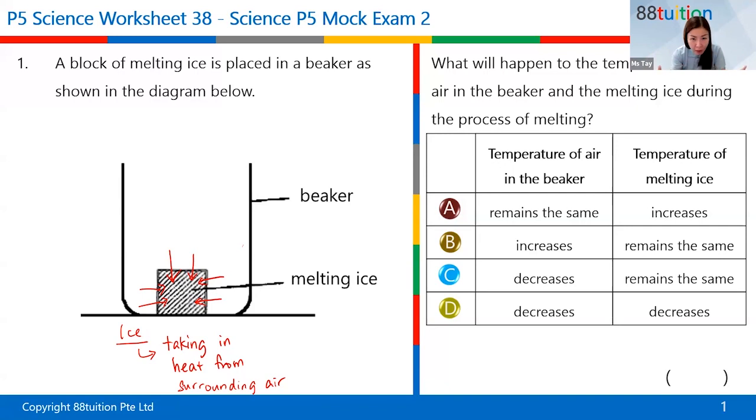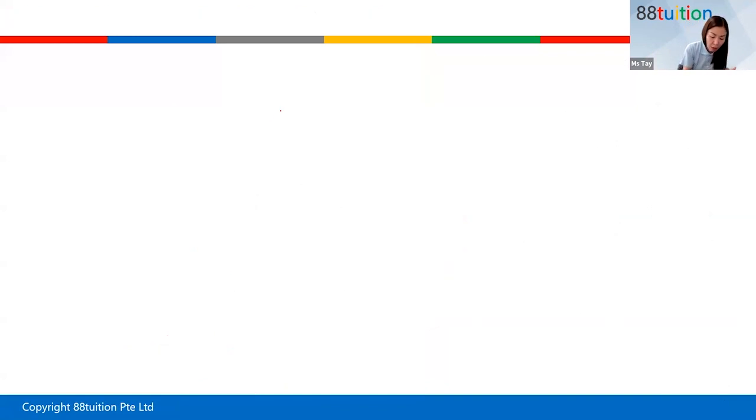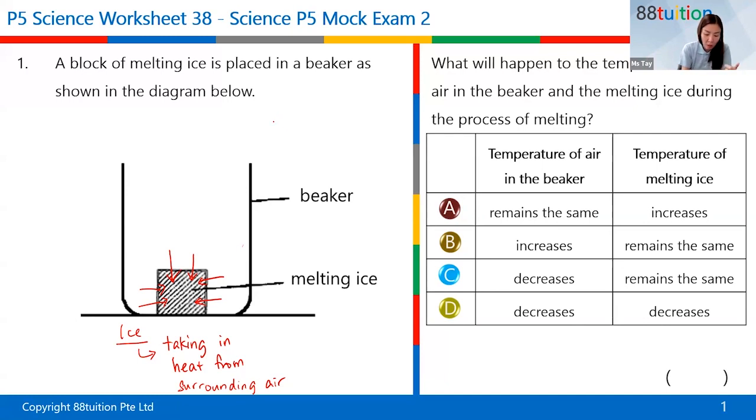The warmer place is the surrounding air. You must remember the concept of how heat flows: heat always flows from a hotter or warmer place to a cooler or colder place. This big block of ice is very, very cold. That's right, Remus. So heat moves from a warmer place to a cooler place. That's why when the ice took in the heat from the surrounding, it starts to melt.